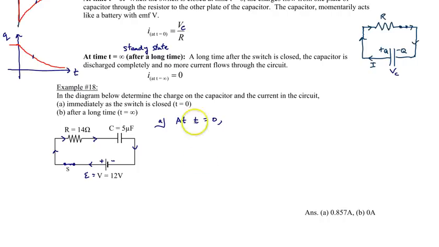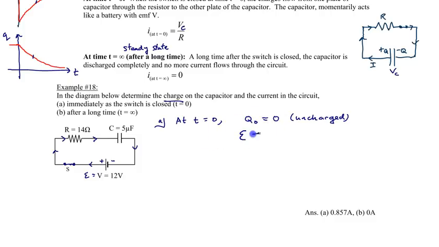And what we would like to find out is what is the charge on the capacitor. You recall C equals Q over V. So Q will be initially 0 because it's uncharged. You will be using this formula later on to actually find the charge after infinity. However, there will be an initial current I, and that initial current I will be determined using Ohm's law.